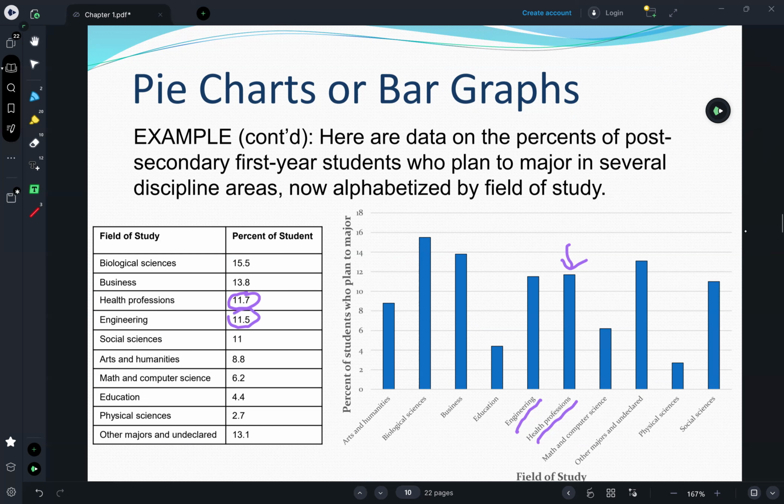And this could be cleaned up a little bit more. We could go from largest to smallest, so high percent to smallest percent, or vice versa, smallest to largest, just to visually make it easier to see who has the most or who has the least. And then you can compare them. So the bar graph is the best graph to use for categorical variables.